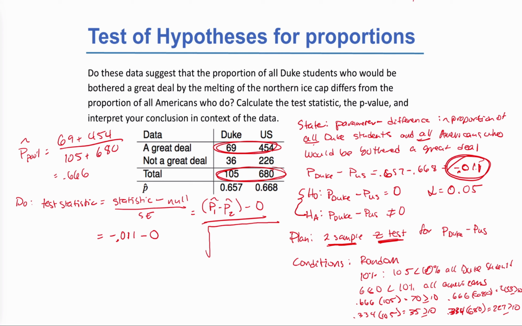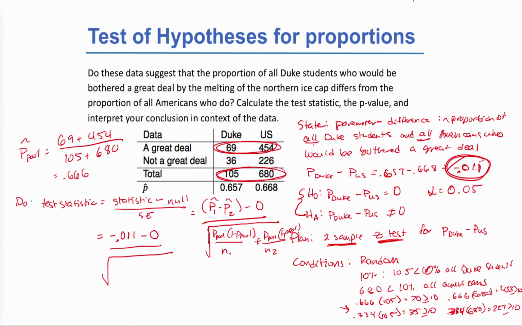You're going to, again, use the pooled proportion for calculating the standard error. So P pooled times 1 minus P pooled over n1 plus P pooled times 1 minus P pooled over n2.